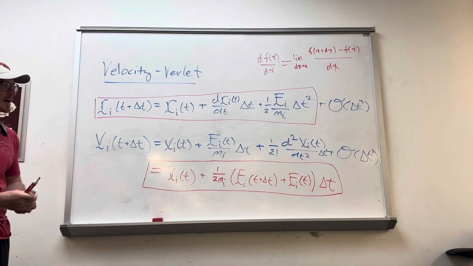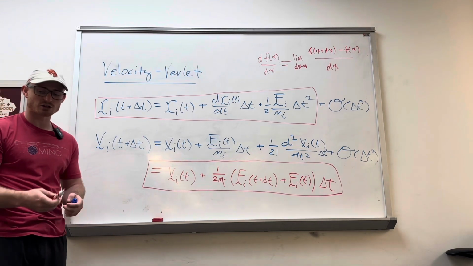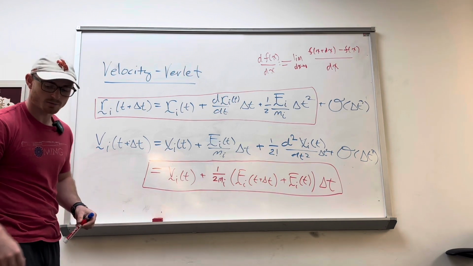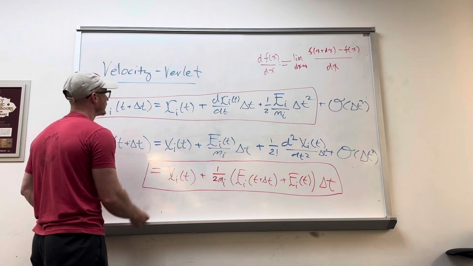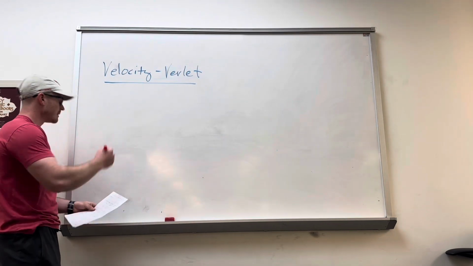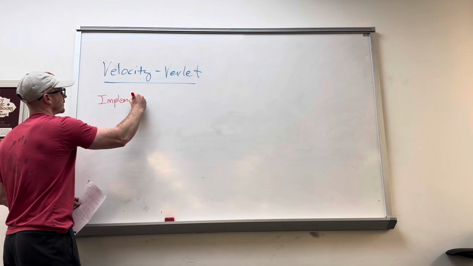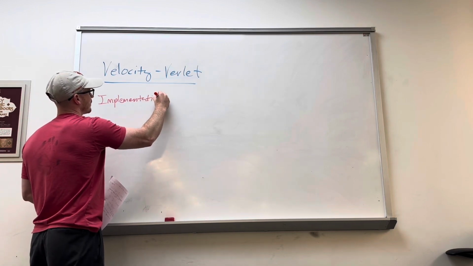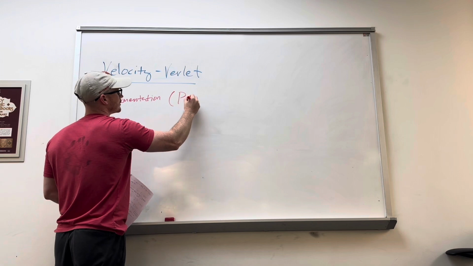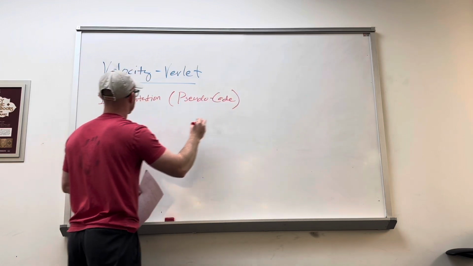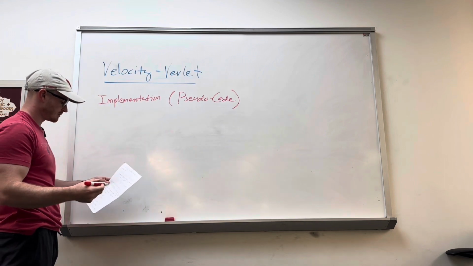Now what we're going to do next is write out the strategy for how to calculate and implement this algorithm in Python. So our implementation, this is kind of like a pseudocode, is going to be this.